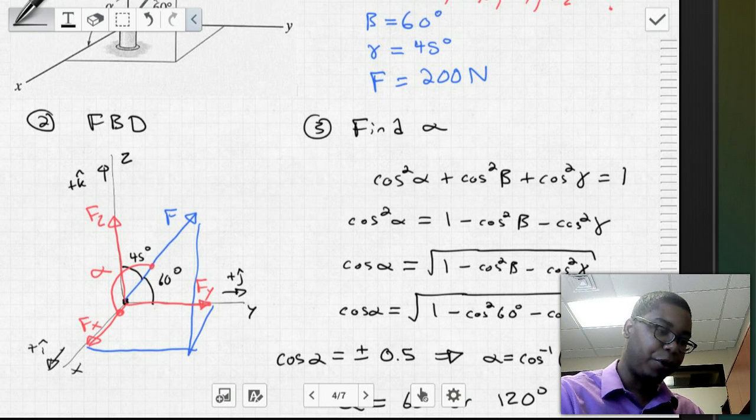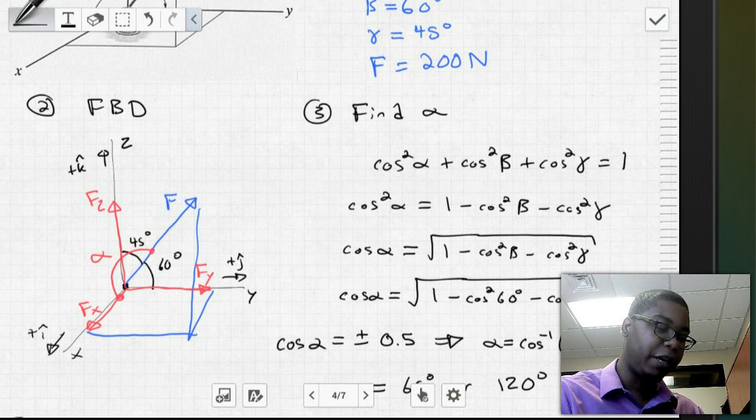The first thing we might want to do is actually to find the angle alpha. Since we are given two of the angles of the force vector relative to the axes, we can simply use the cosine directions identity in order to find that missing angle, where the cosine direction identity is cosine squared alpha plus cosine squared beta plus cosine squared gamma is equal to 1.